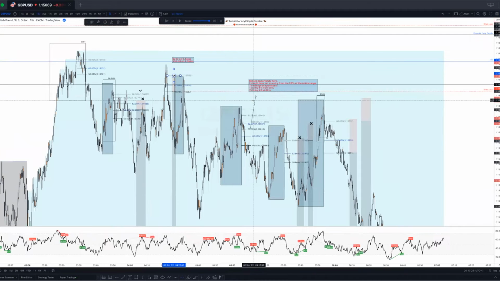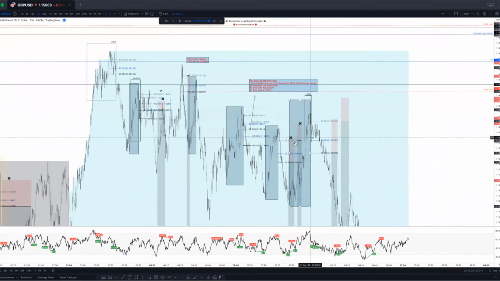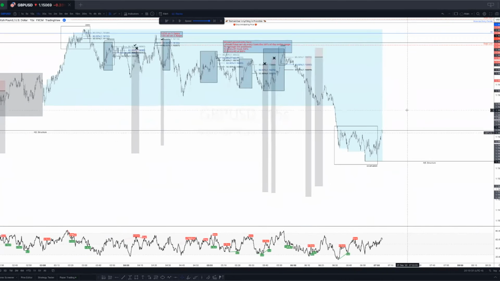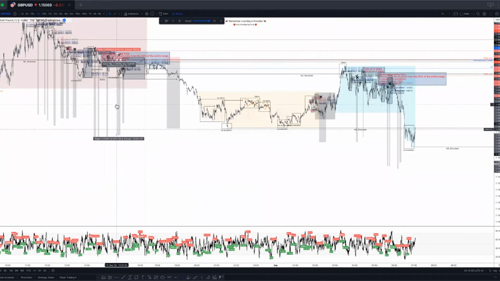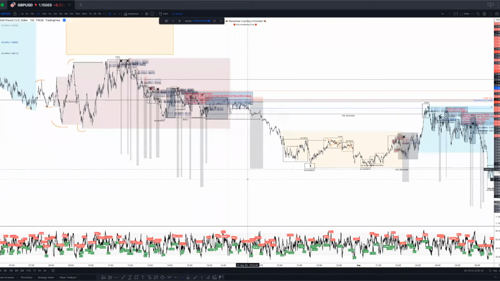So I am in this trade. Got out of that one, got in, got out at reduced risk. Got in this one at break even, and still holding. This one here is still on for 11. It ran 14.